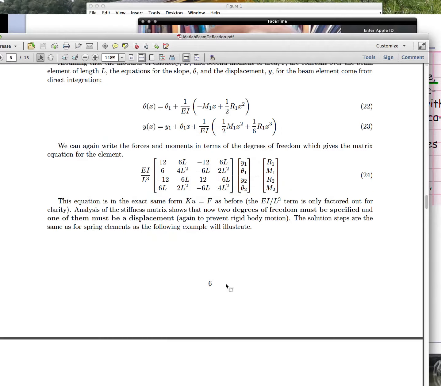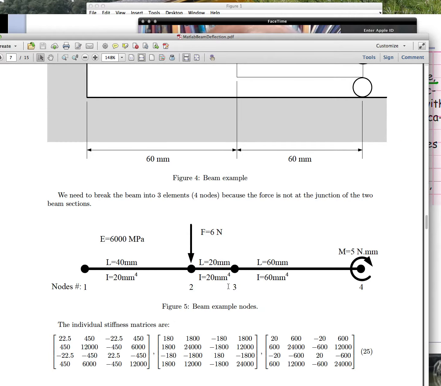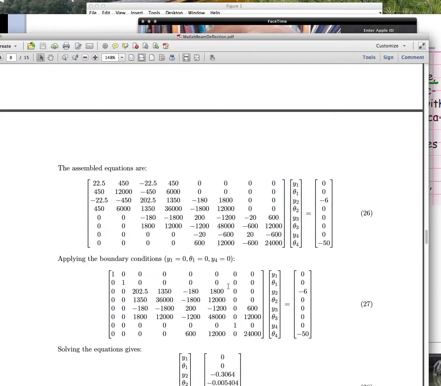So these are the 3 stiffness matrices that correspond to equation 24, but it's done for each of the 3 elements. And then we assemble the 3 matrices in a big 8x8, where we have the unknowns 1, 2, 3, 4 nodes, and each node has 2 unknowns or 2 displacements, y1 and theta1. What is known is the force that corresponds to node 2, minus 6, and the moment that corresponds to node 4, minus 50.